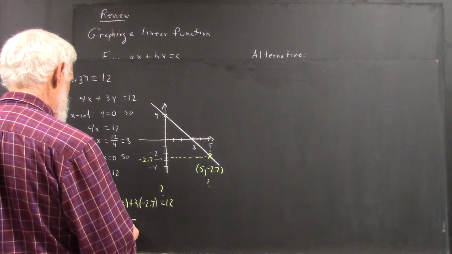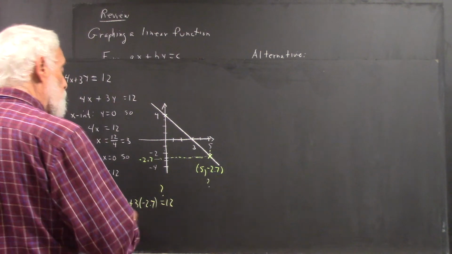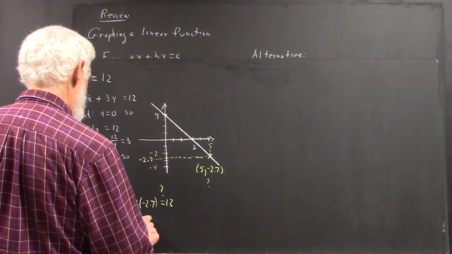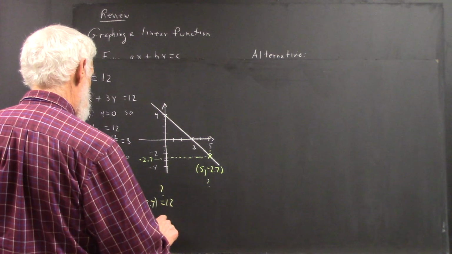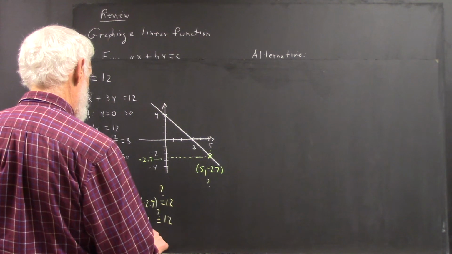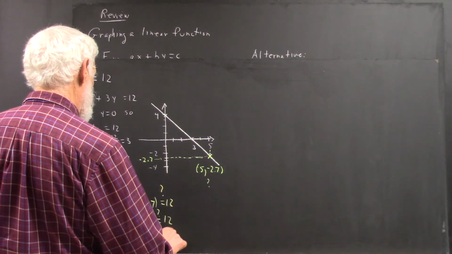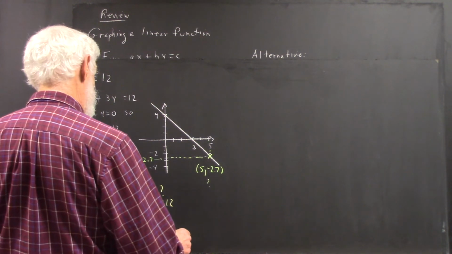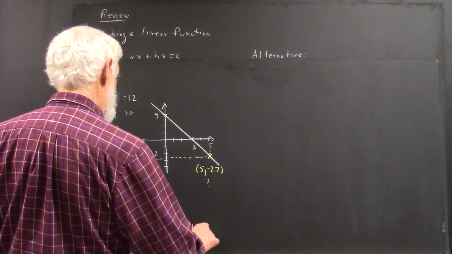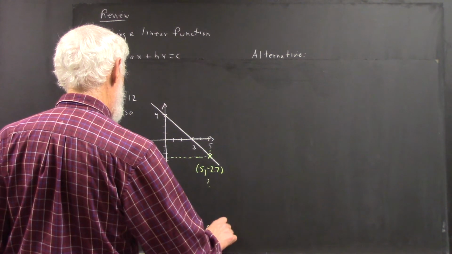I was going to get a number in single digits, which is why I took another look. And then that's -8.1. And we get 11.9 equals 12. And that's pretty good.